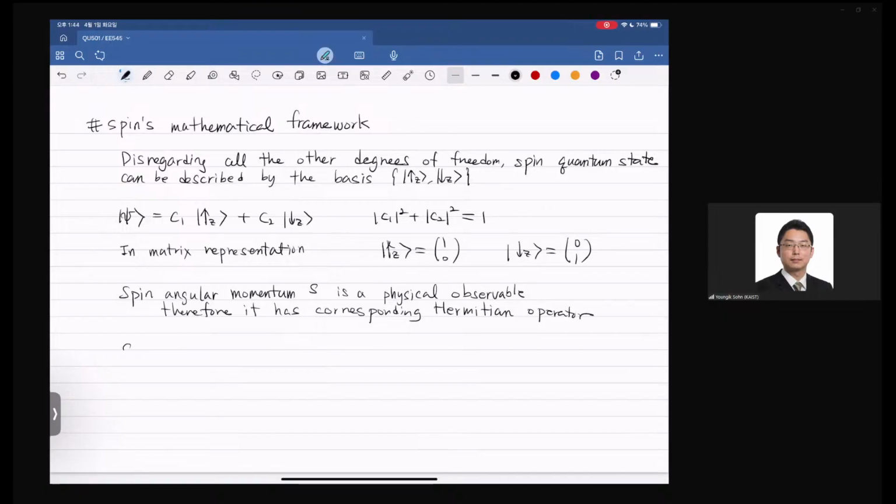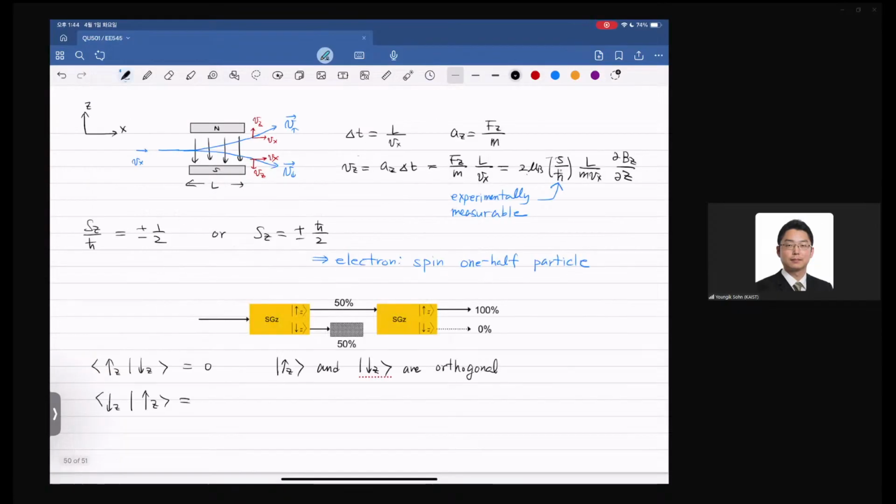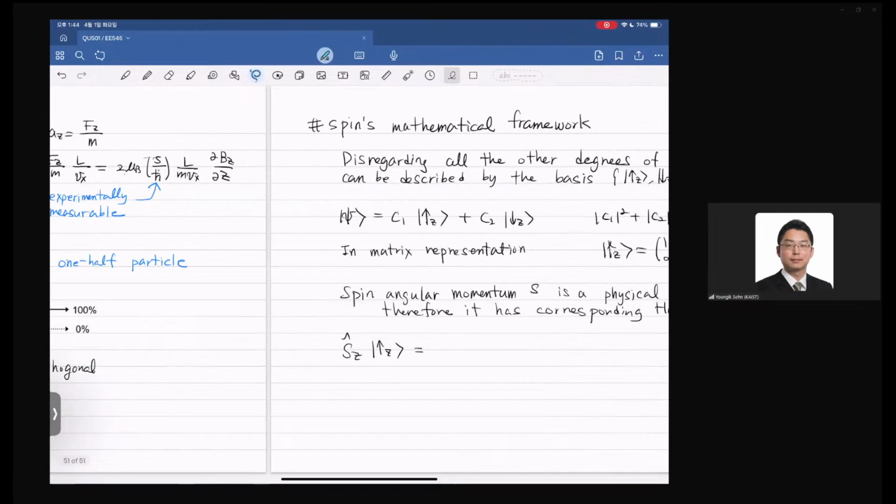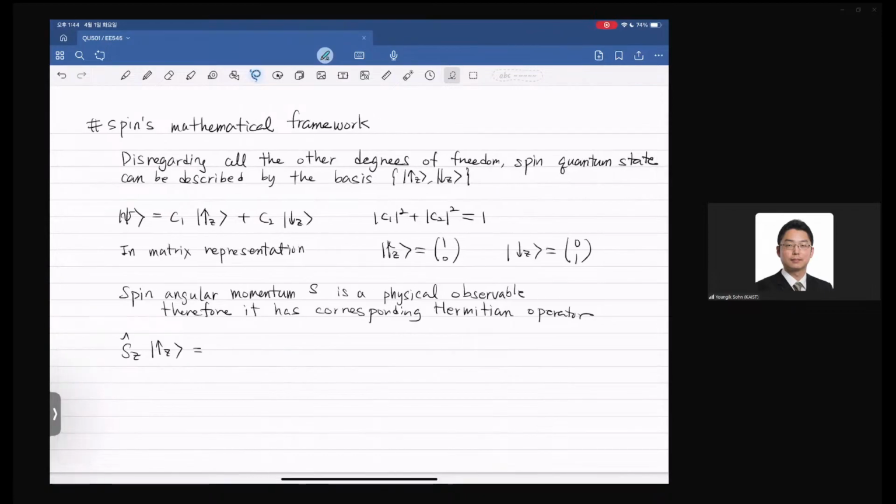Let's call that operator Sz. For spin up we get plus h bar over 2, and for spin down minus h bar over 2, as we wrote in the previous slide. If you apply that operator to its spin eigenstate, you get an eigenvalue equation: Sz applied to spin up gives plus h bar over 2 spin up, and Sz applied to spin down gives minus h bar over 2 spin down.